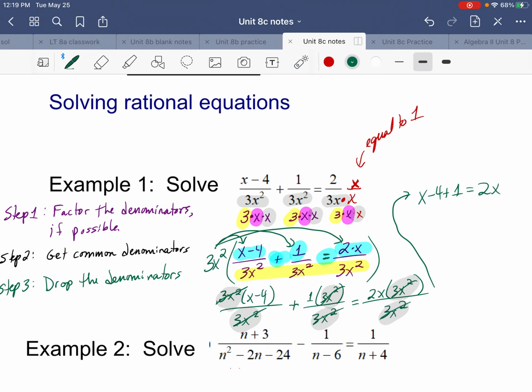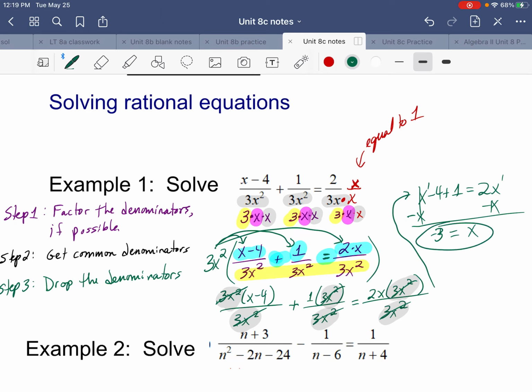Now, once we drop the denominator, we can look at how to solve. The x terms are linear, so when you have a linear equation, we can just move all of our x's to one side. I'd subtract x to keep the x positive. -4 plus 1 is -3, and it equals 2x minus 1x. We have 1x left, or just x.